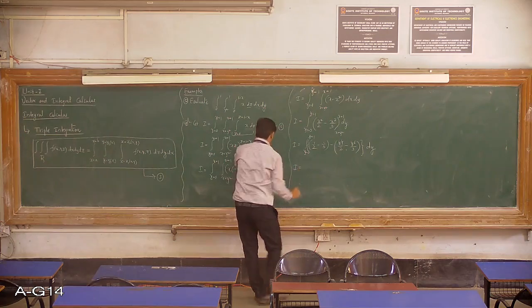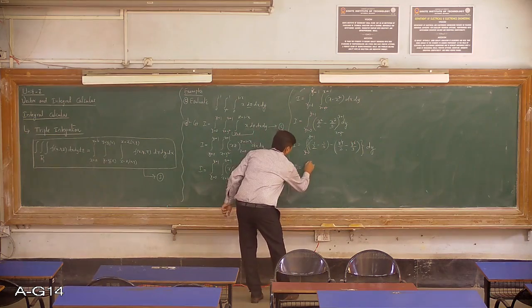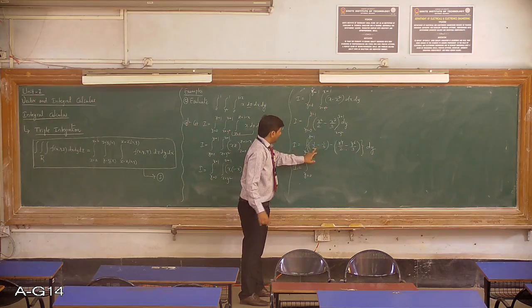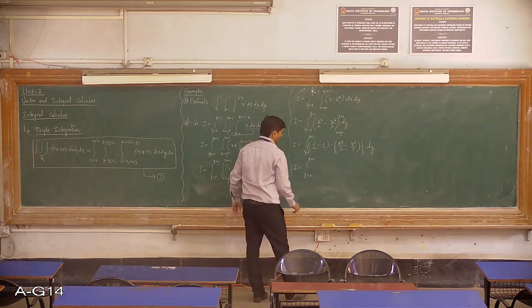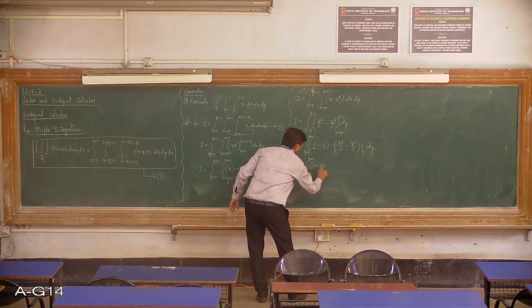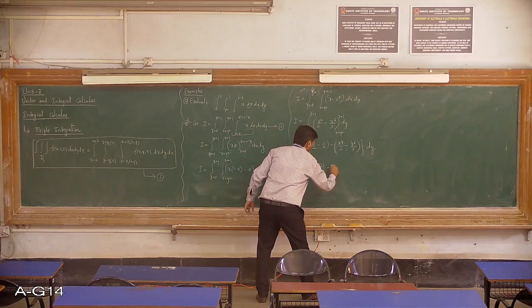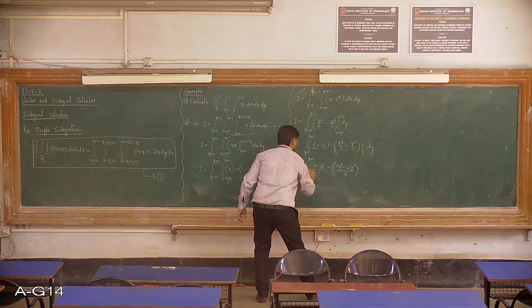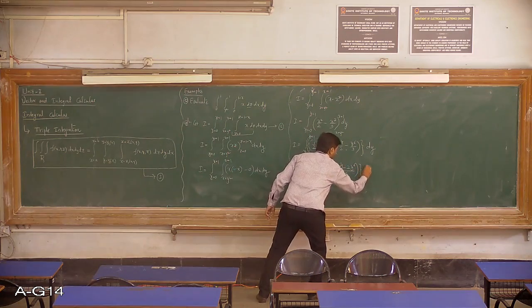So I equals the integral from y equals 0 to y equals 1. Taking the LCM, 1 by 6, here you will get 3 minus 2 by 6, that is 3y raised to 4 minus 2y raised to 6 divided by 6, dy.